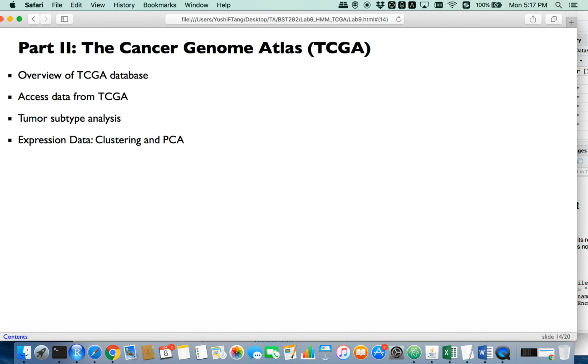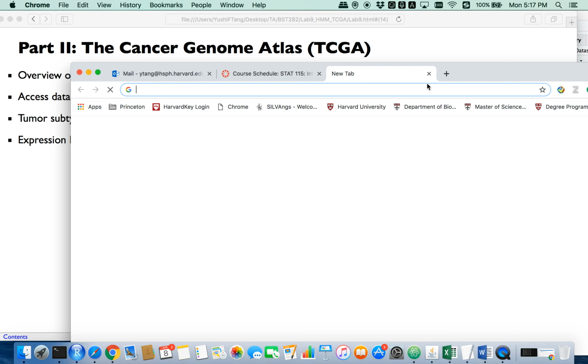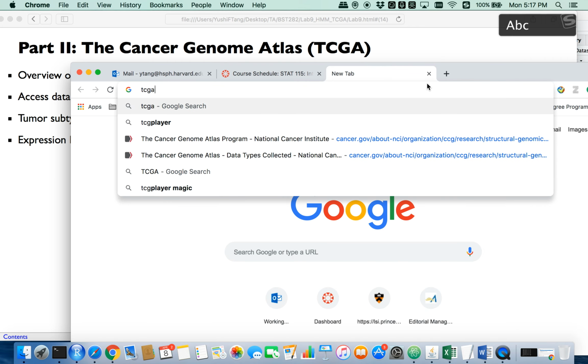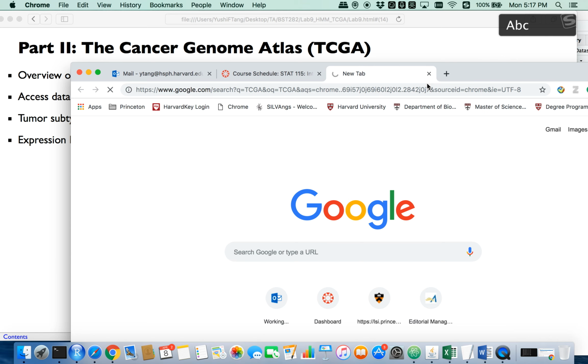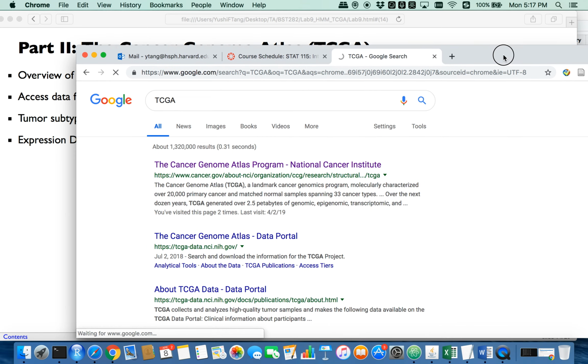Sweet, that's the first part of our lab. And the second part is to get an overview of the Cancer Genome Atlas public database. This is a public database of the NIH, so it's TCGA. This part would be helpful for homework 6, but you don't need it for homework 5.